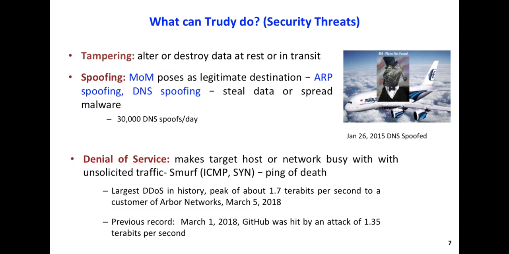This was in 2018. Before this, the largest was 1.35 terabits per second of data going to GitHub and causing a denial of service. So this keeps happening very frequently, more frequently than we would like, and we need to devise systems that make the internet secure against these kinds of attacks.